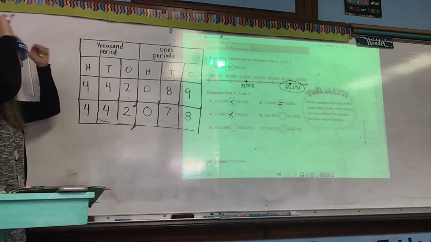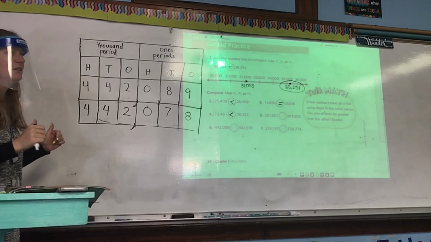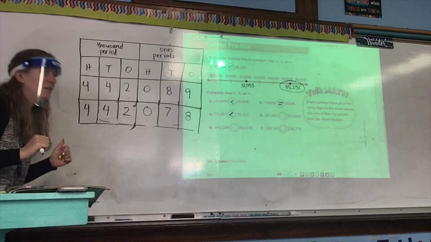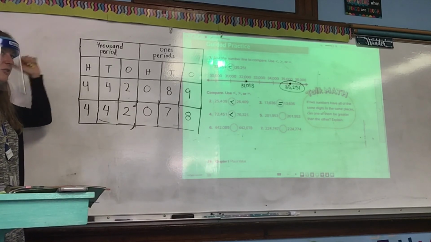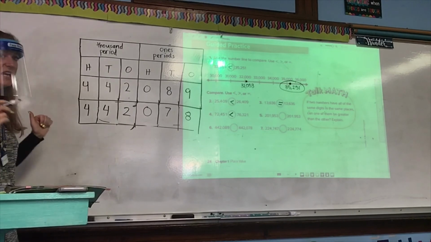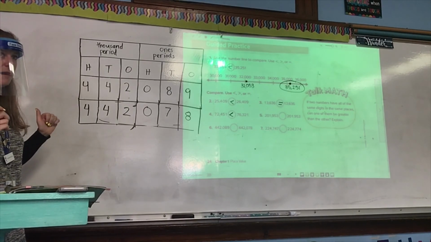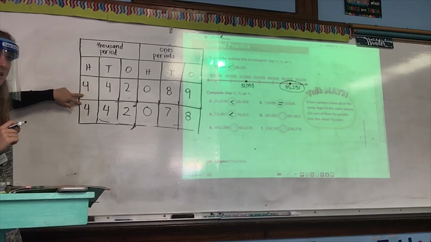Okay, Michaela, where do we start when we're comparing? Greatest place value on the left, smallest place value on the right. Greatest on the right or left? Left, which is the hundred thousands place. Can we compare these? Why? Because they're the same.